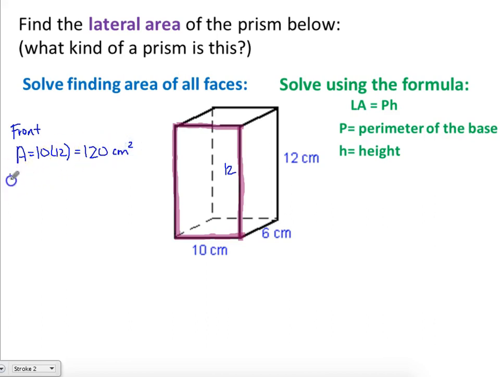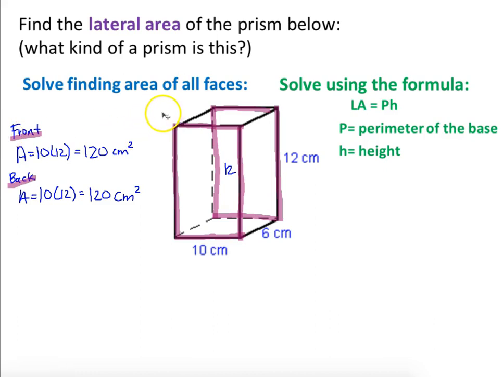But we've also got the back that is the exact same dimensions, right? If I go ahead and highlight the back, we can see it has a base of 10 and a height of 12. So the front and the back are going to have the same area. 10 times 12 is also 120 centimeters squared.